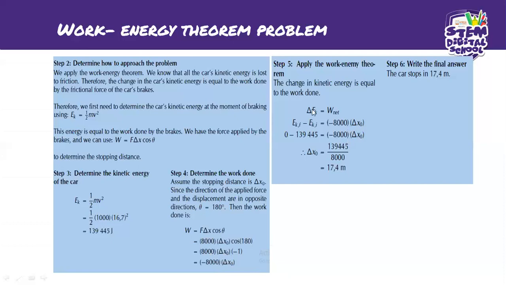Then we come here and we're going to say change in kinetic energy is equal to the net work that has been done. So you're going to substitute all of this, and you will have your change in x on one side, and this is your answer. So the car stops in 17.4 meters.